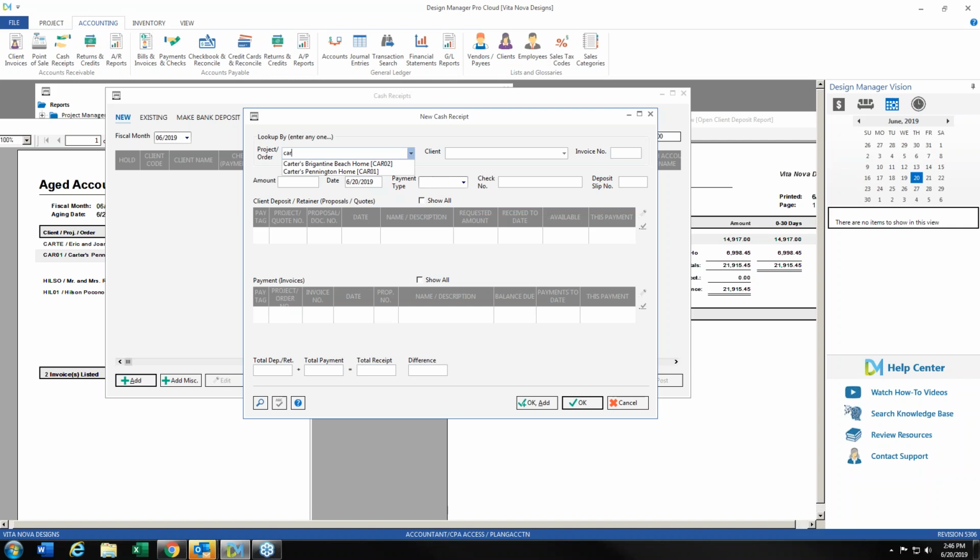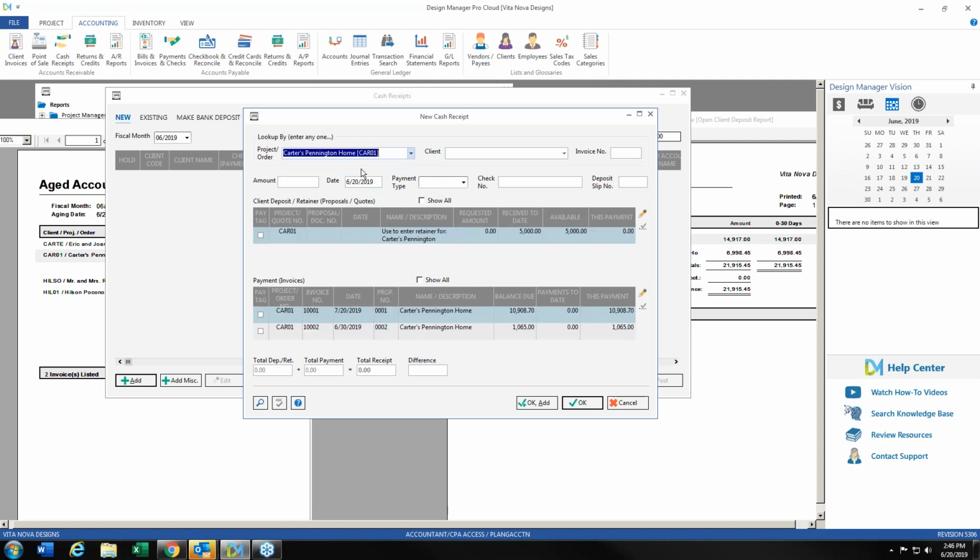So if you go in and you select the project where you can see 2 different things, we can see that there was a retainer that we have available. That's still going to be part of the open client deposit report, because it hasn't been applied to an invoice yet. And then we see a couple of balance dues still on the invoice.